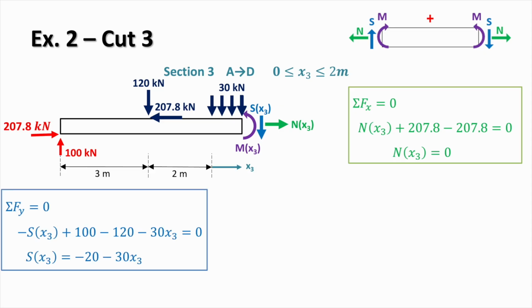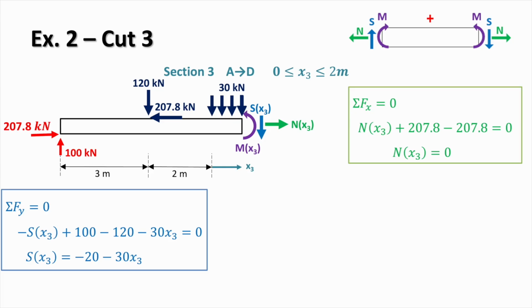Looking at the vertical forces, we've got minus S, which is the shear force, plus 100 from the reaction force, minus 120 from the point load, and now we have minus 30 times x3. So if we recall, the force of a UDL is always the area that we pass. So the height of the rectangle of the UDL is 30, and the distance in x is x3. So the force will change depending how far along the UDL we are.